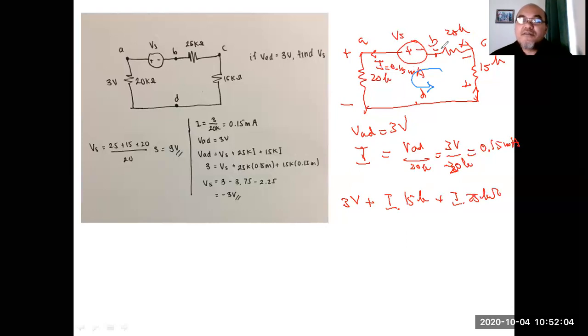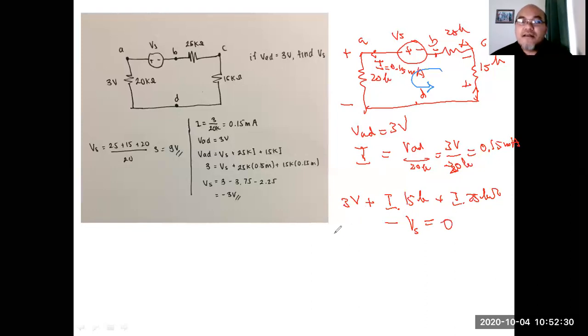However, here the current flows from the negative part to the positive. So you have to put negative Vs, not positive Vs, because it goes against the passive sign convention. So here this equals 0.